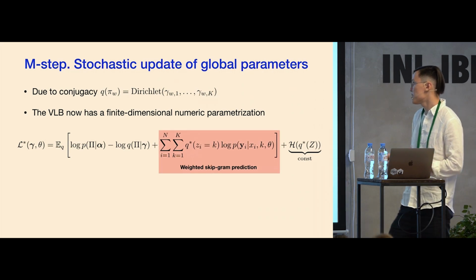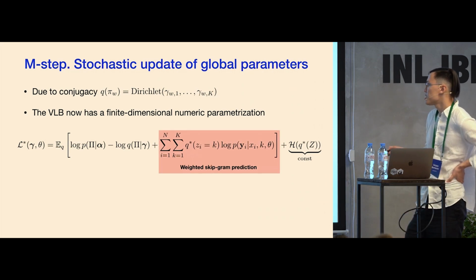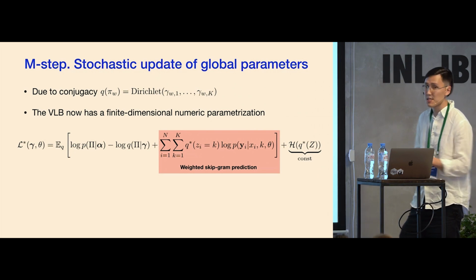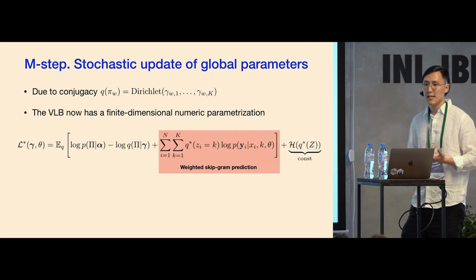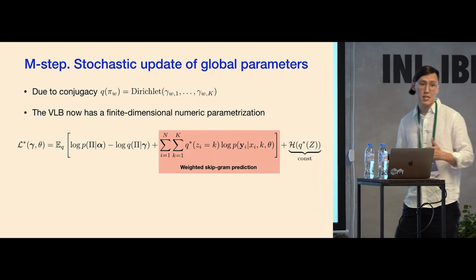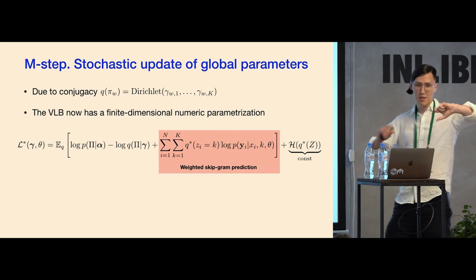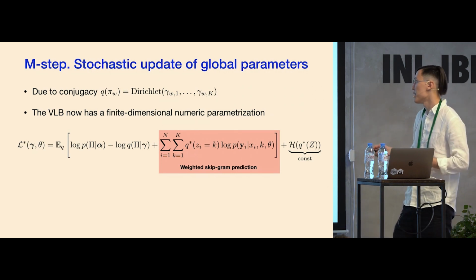Effectively we have a sum over all contexts in our corpus, and we can interpret the sum as an expectation multiplied by the number of contexts n.